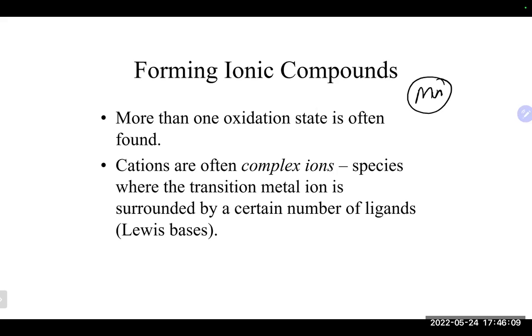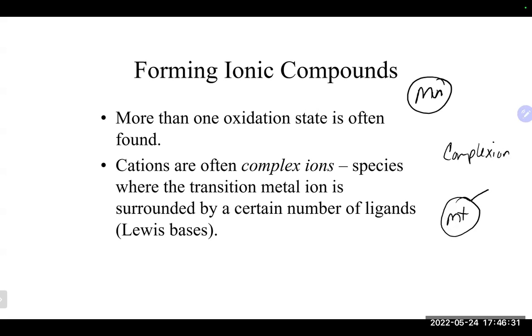Cations are often part of complex ions, which are species where transition metals are surrounded by ligands. We're going to talk a lot about complex ions in this chapter, but basically a complex ion typically will have a positively charged metal in the middle, a lot of times a transition metal with a +2, +3 type of charge.